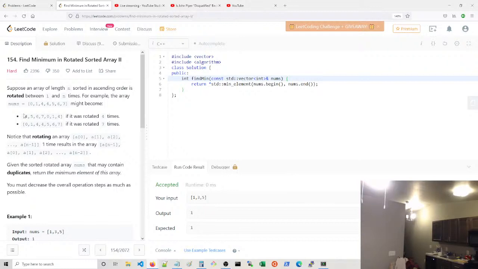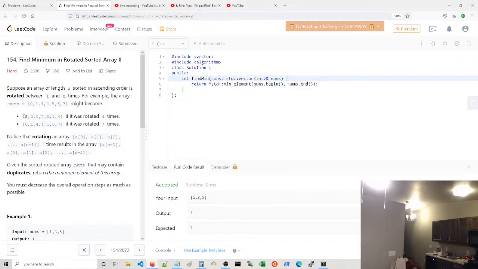What would happen? That could be true, because they could all be the same element. You don't know if that last one is the same or not. If it's a smaller number than all the others, that'll affect your result. If it's the same number or larger, it won't. But if it's a smaller number, it will. So you need to look at it.